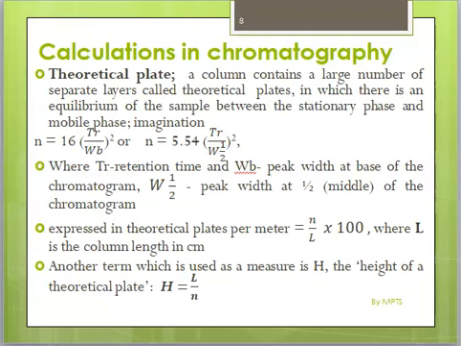I want to talk about theoretical plates. Theoretical plates are imaginary. It is assumed that as the sample moves through the column, it passes through certain plates. In those plates, we have an equilibrium of the sample between the solvent, or mobile phase, and the stationary phase. It is just an imagination. But how is it calculated?